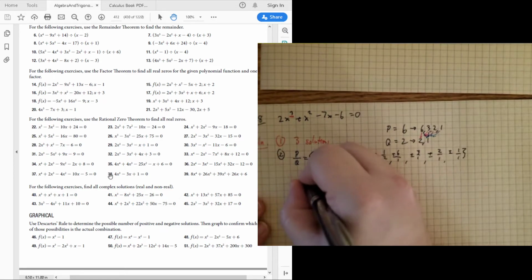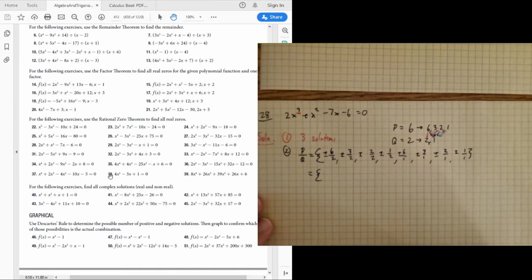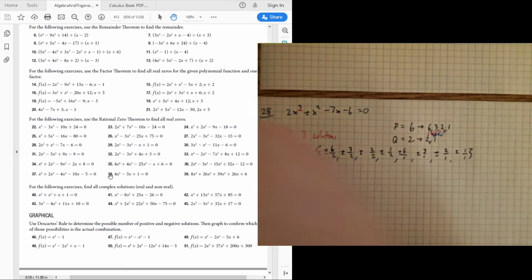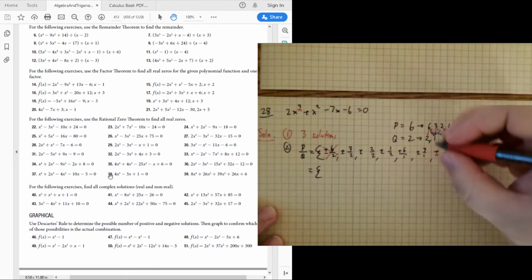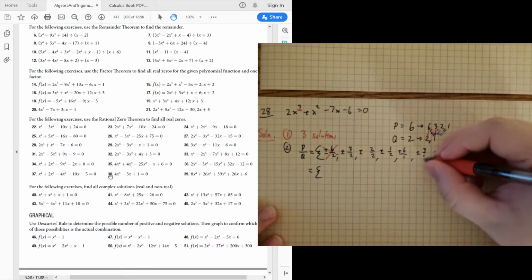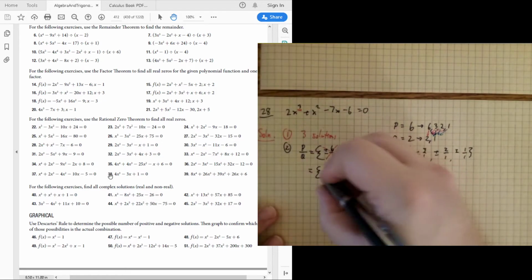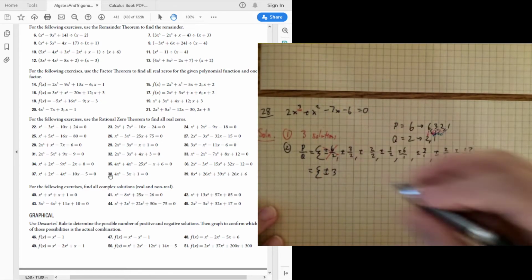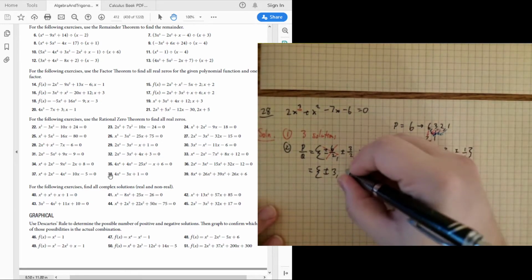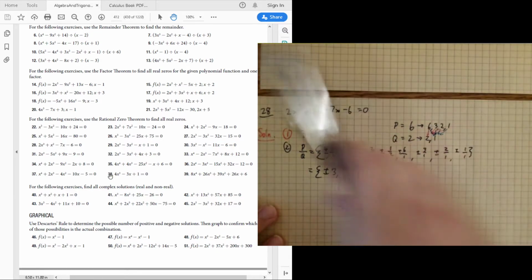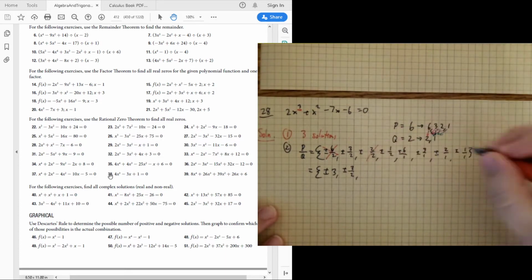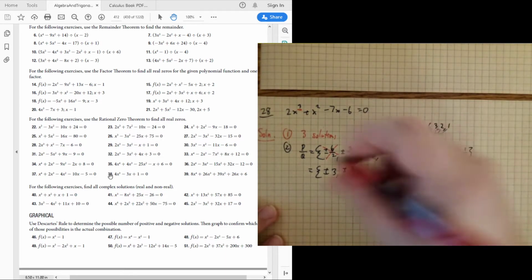Now, before we go any farther, you may notice that some of these are duplicates, right? 6 over 2 is the same as 3 over 1, and 3 over 1 is just plus or minus 3. 3 over 2 is unique. 2 over 2 is just the same as 1 over 1, so I'm not going to double up.